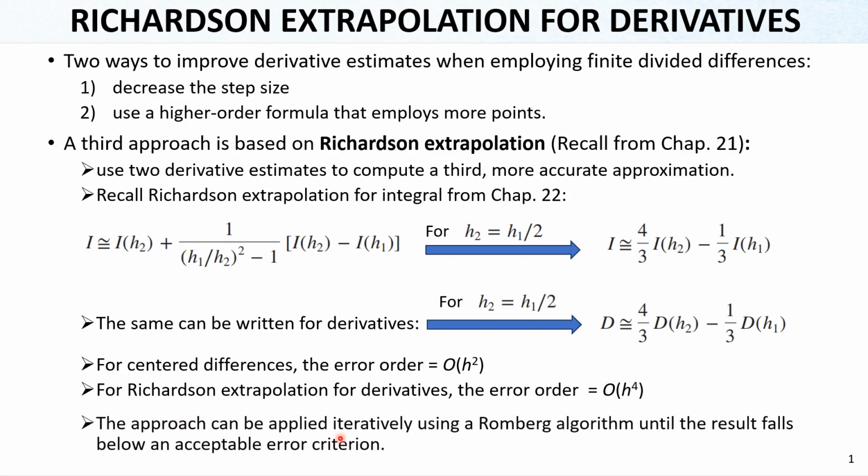And the approach can be applied iteratively using a Romberg algorithm until the result falls below an acceptable error criterion. You remember that we used Romberg integration in previous chapters. We can use the same idea, iteratively use this to get a better result for the derivative.